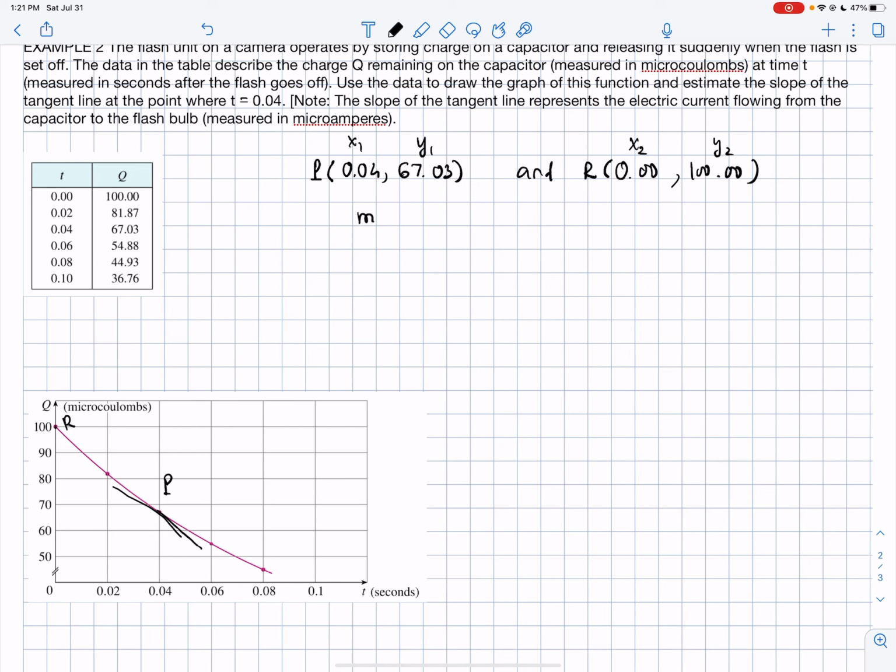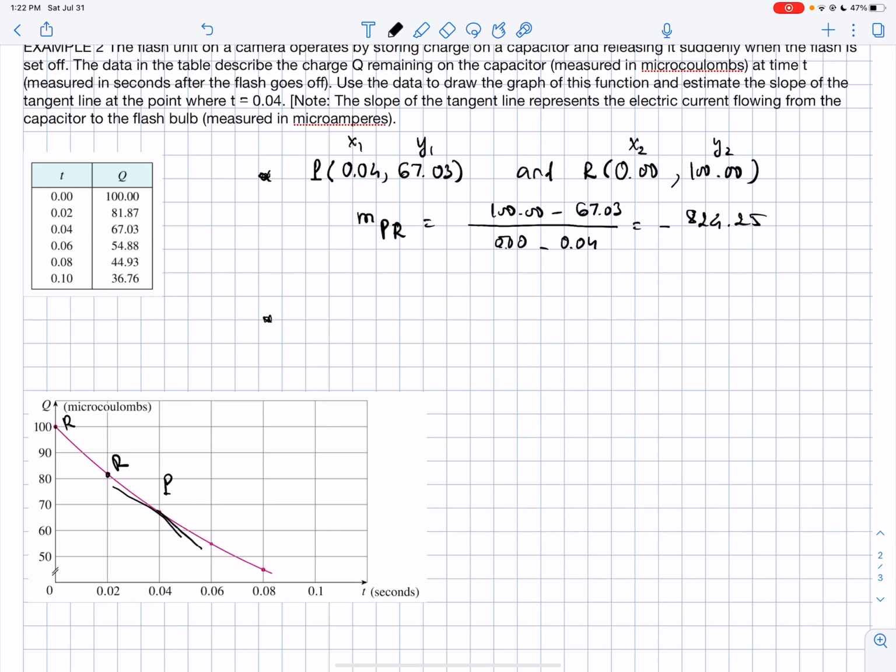Now we can find the slope. The slope of PR is y2 minus y1 over x2 minus x1. Then we will get the answer, negative 824.25.